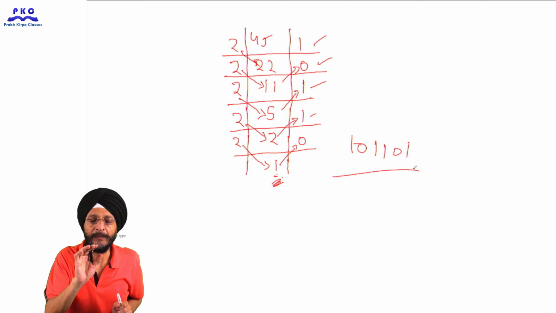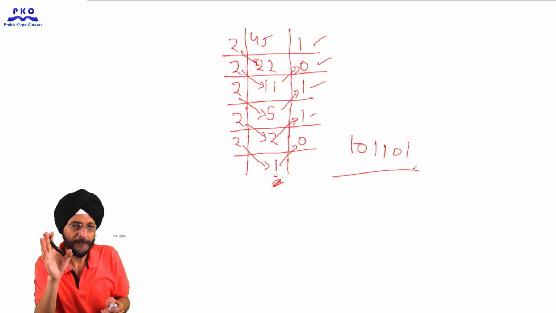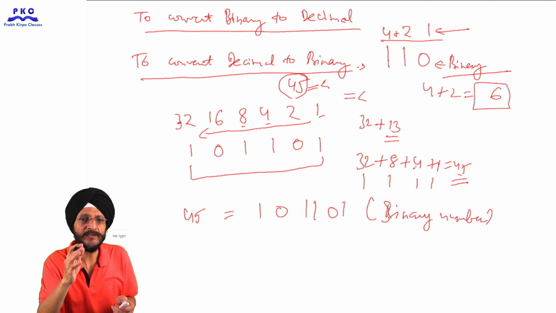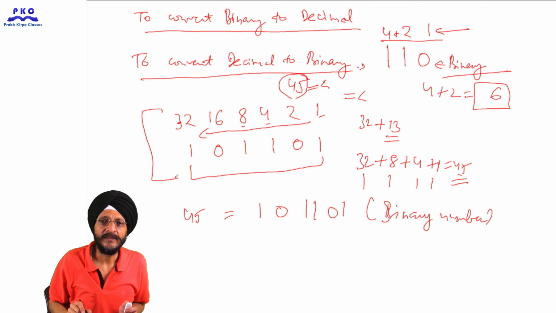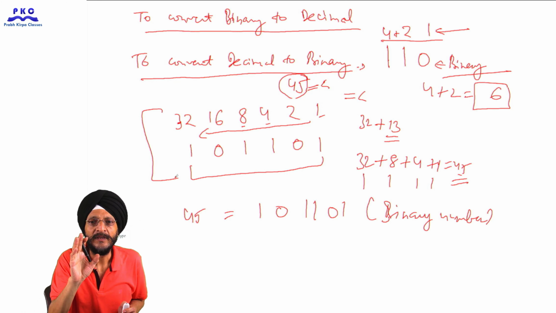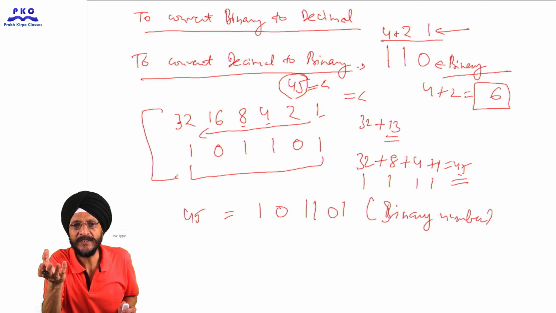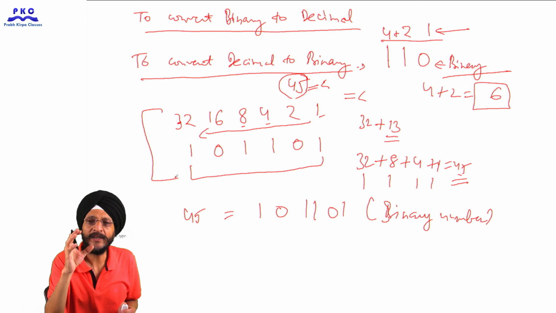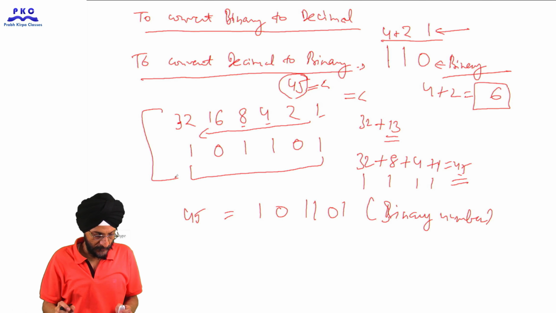So we have been able to get the binary number. This is somewhat a difficult format. The earlier format which we had discussed is a simple formula so that we can convert a decimal number into a binary number.